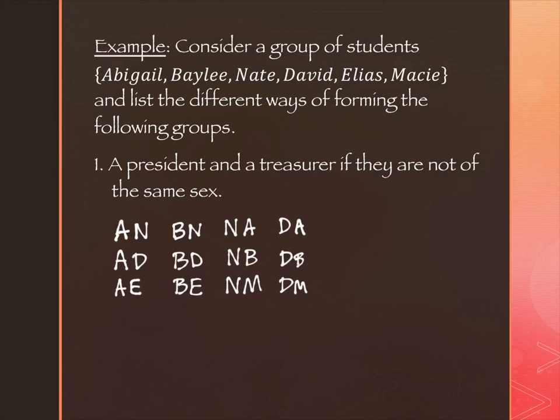But maybe David is not president, and it's Elias. So it would be Elias and Abigail. Elias and Bailey, or Elias and Macy. And then our last grouping will have Macy as the president. So it could be Macy and Nate, or Macy and David, or Macy and Elias.